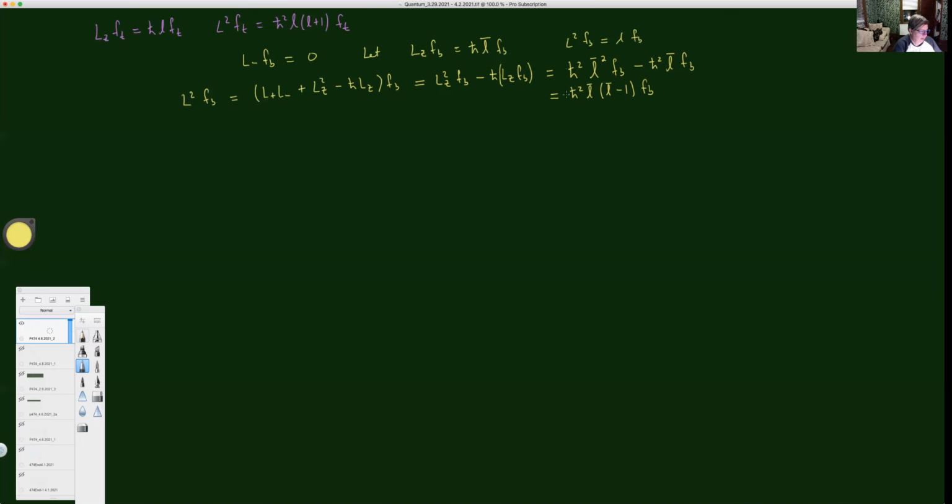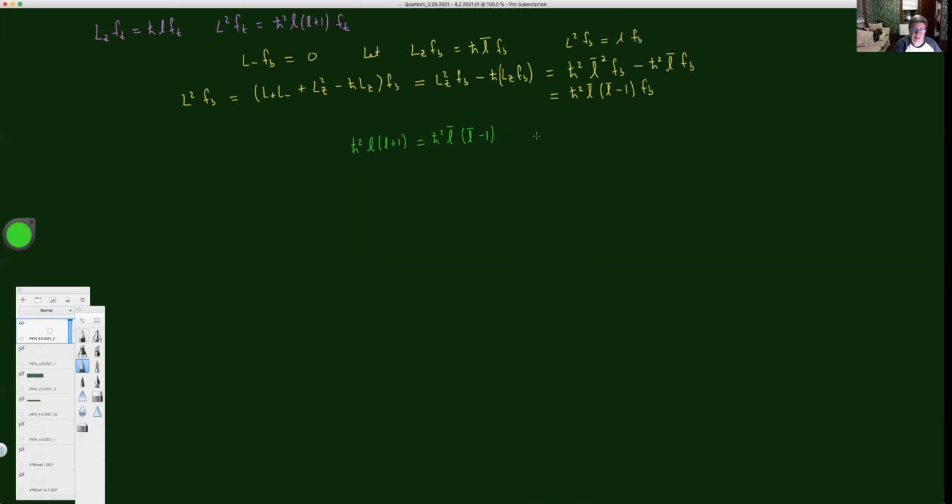Okay, and this is going to tell us something about what L can be. All right, so let's write down the equivalence that we need. So we need H bar squared L plus 1 to be equal to H bar squared L bar minus 1.